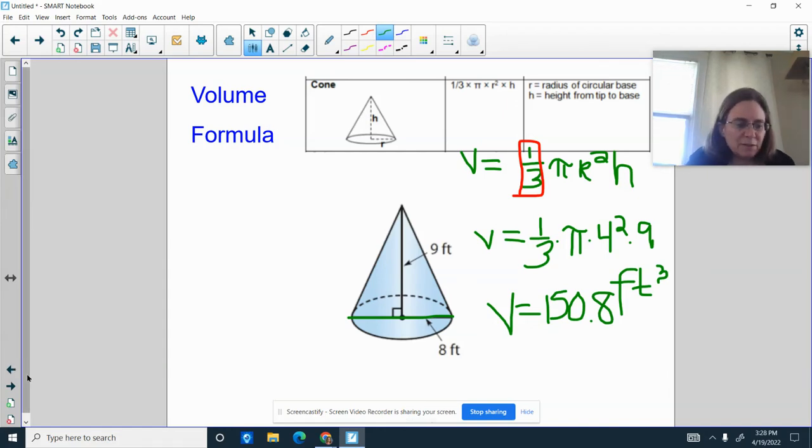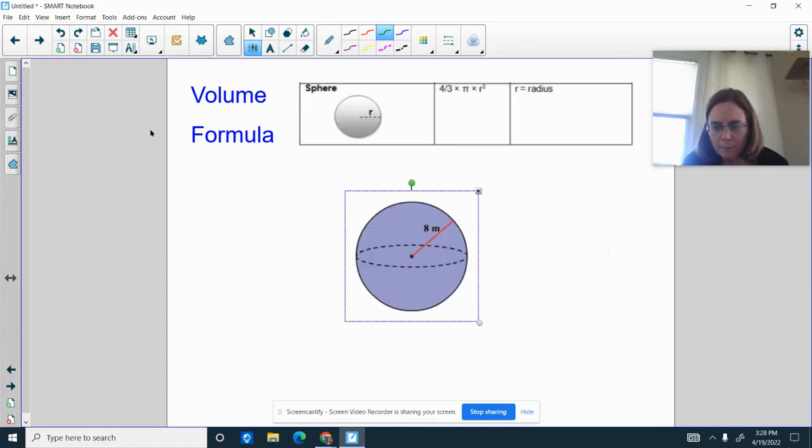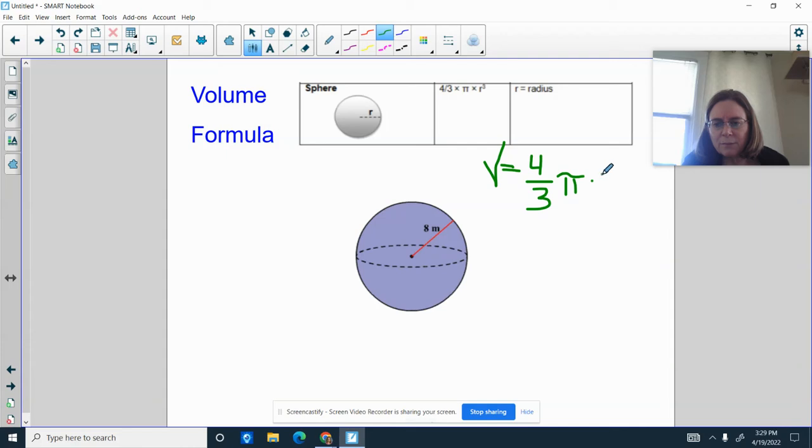All right, last one, sphere. All right, here's our formula. V equals 4/3. So we have another fraction. I'm going to do the same thing I just did with the 1/3. Now this is times radius to the 3rd power. All right.